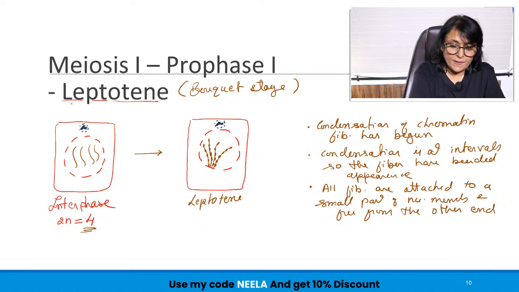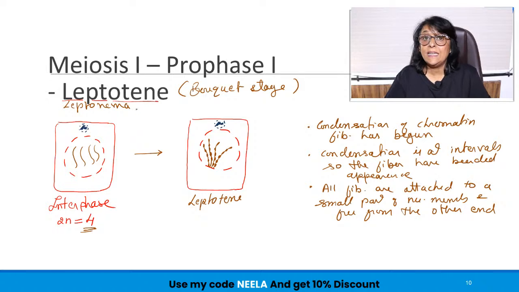So this stage is also known as leptonema stage, leptotene stage or bouquet stage because of the appearance of these chromatin fibers. Leptos means thin, and nema is for thread. So it is a thin thread stage. Because of the arrangement of the fibers, it appears like a bouquet. So it is a bouquet stage.